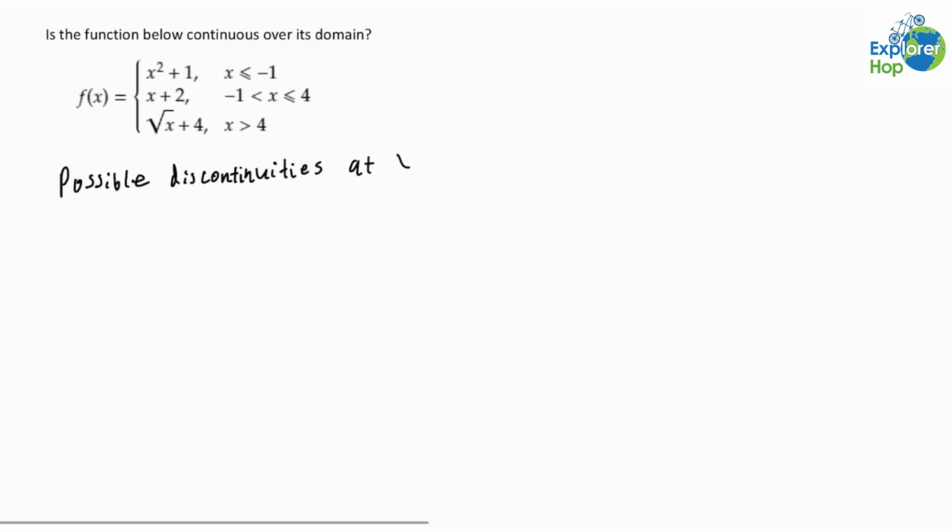So the only potential points of discontinuity are at x equals negative 1 and x equals 4, since the function shifts from one definition to another at these points. So we have possible discontinuities at x equals negative 1 and x equals 4.